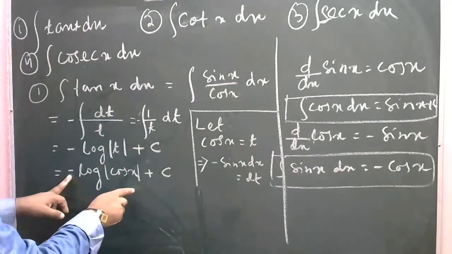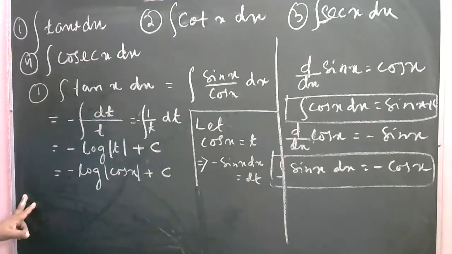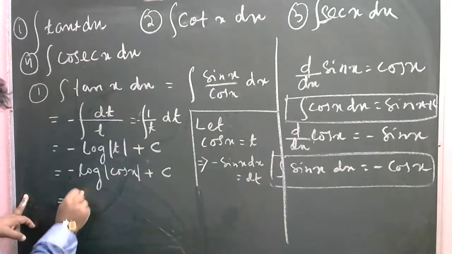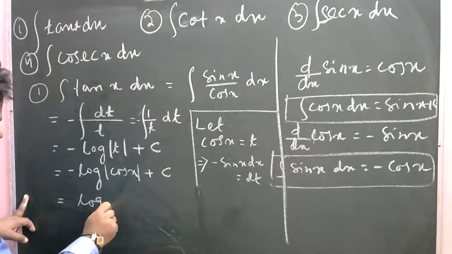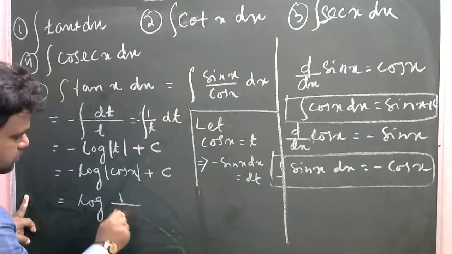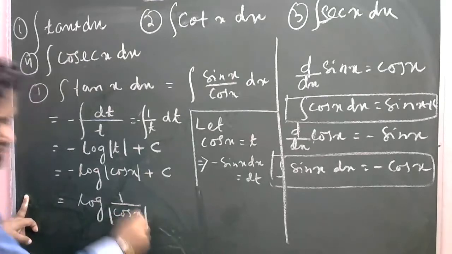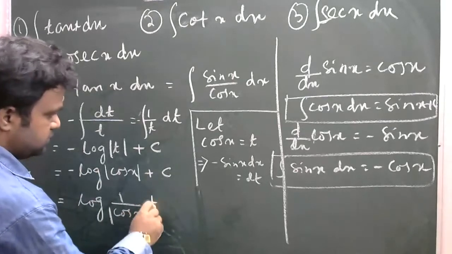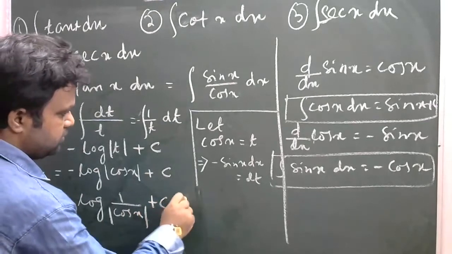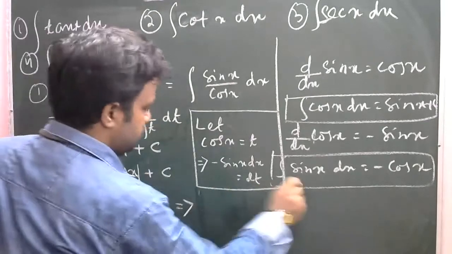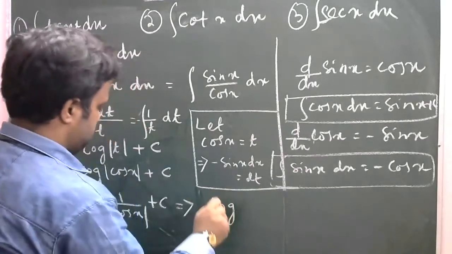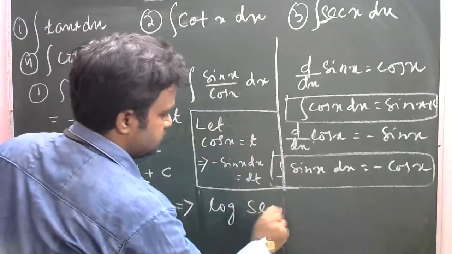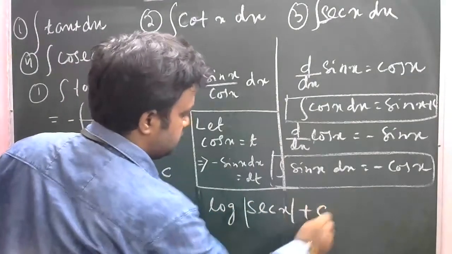The minus will become a power of minus 1, so it will be log mod 1 by cos x plus c. And 1 by cos x is sec x. So this will be log mod sec x plus c.